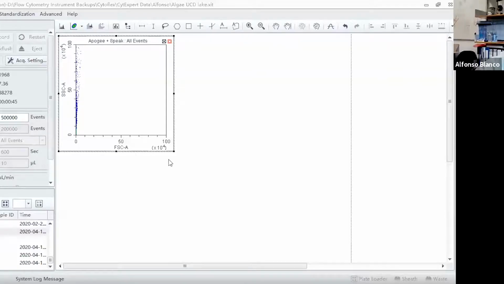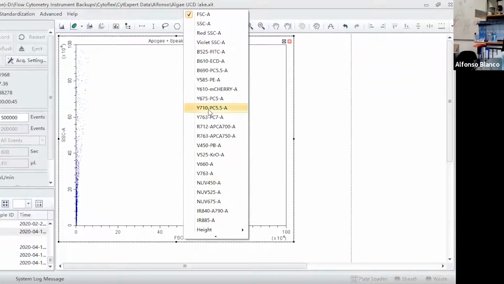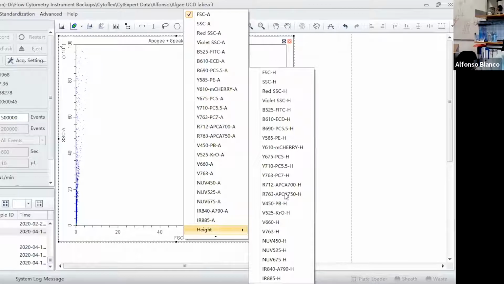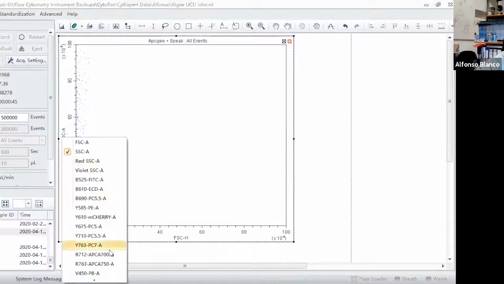Yep. Just one second. Let me share the screen for a second. CytoFLEX, where are you? Here. Can you see that now? So this is forward scatter area. I can change this to height because we will be working with EVs, so I'll change to forward scattering height and side scattering height.